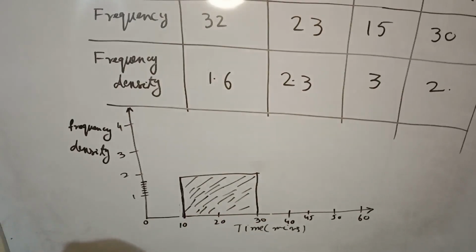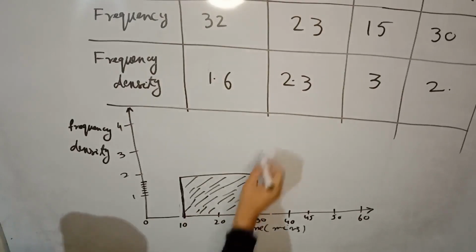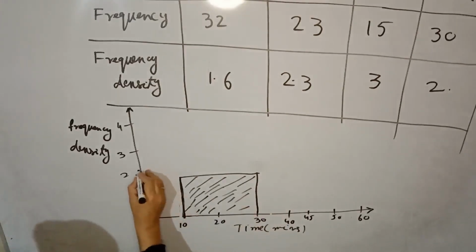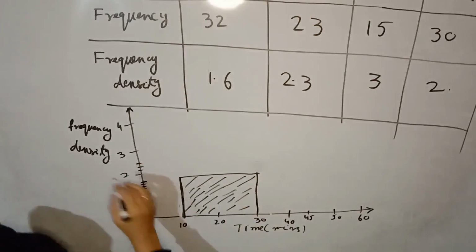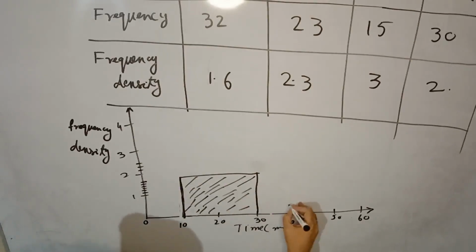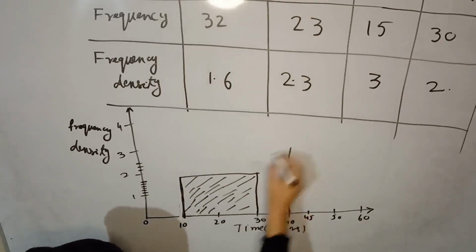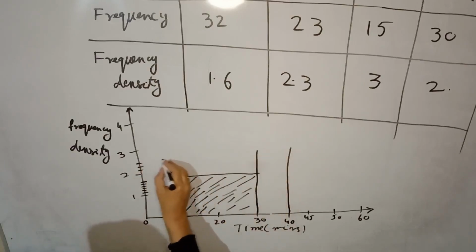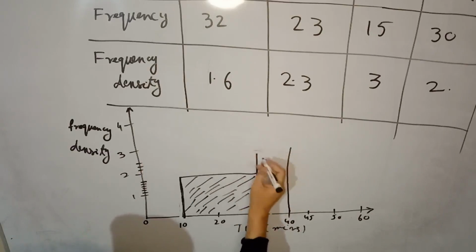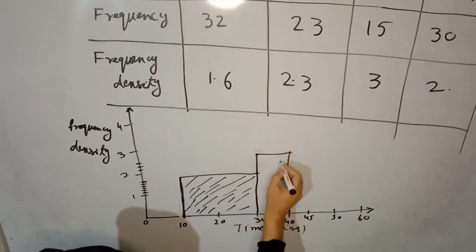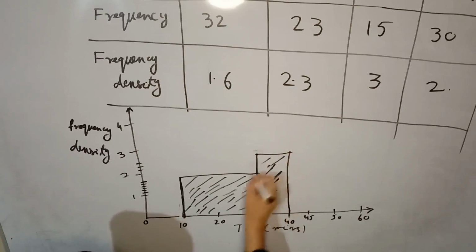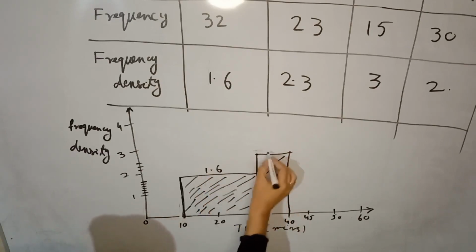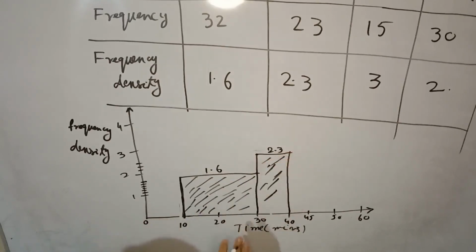Next is from 30 to 40 and its frequency density is 2.3, and this is 40, and this is 2.3 up till here. So this is from 30 to 40, and this was 1.6 and this was 2.3. Next is from 40 to 45 and its frequency density is 3. 3 is here.